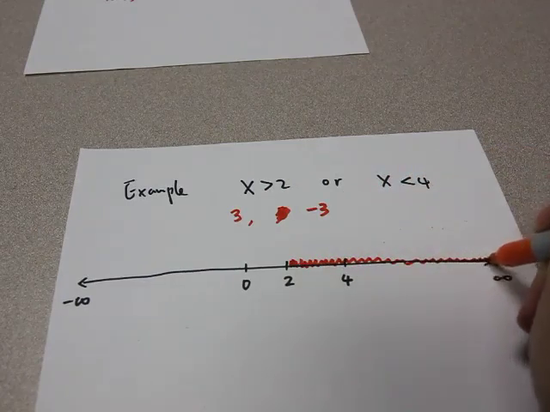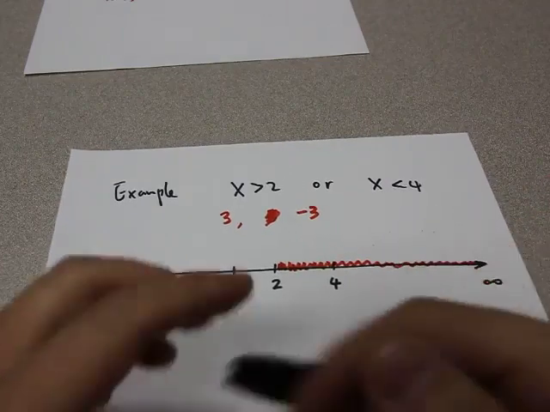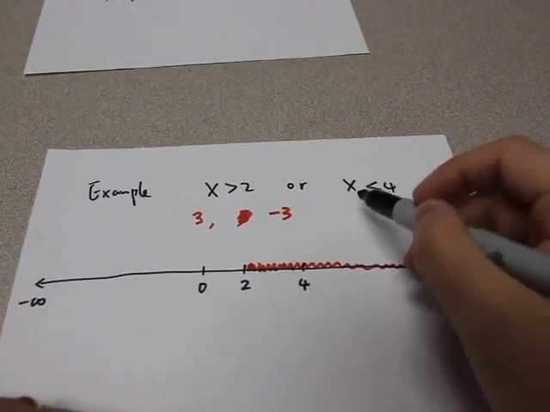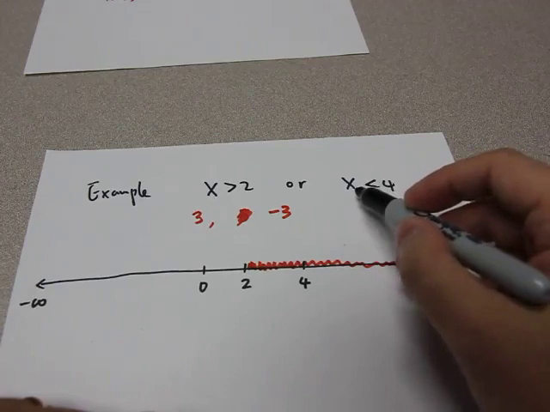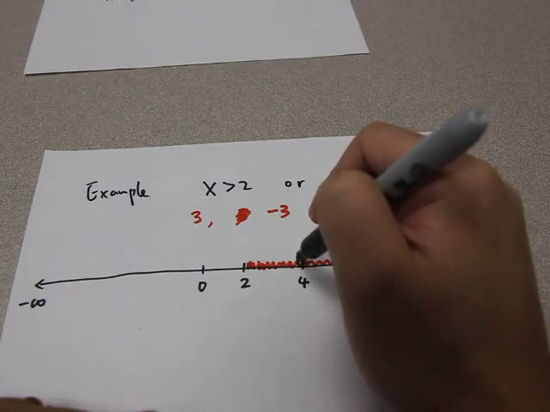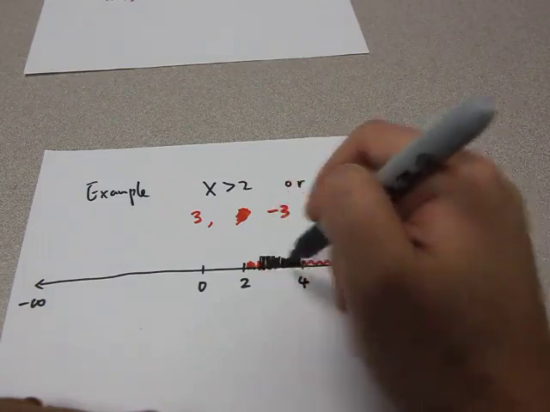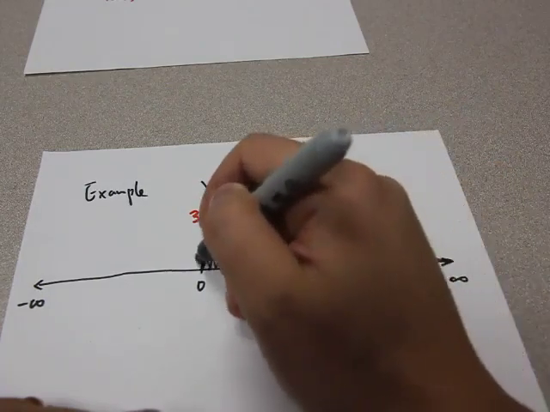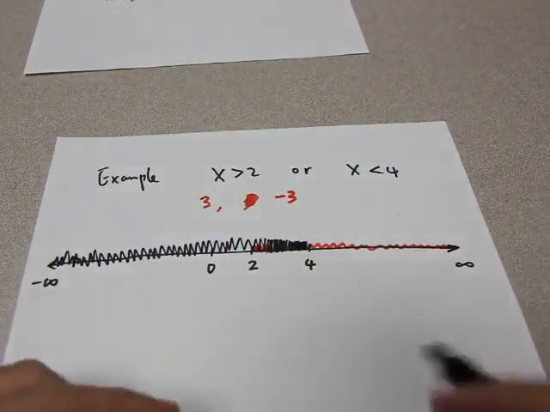So we go all the way to positive infinity. Then let's graph the second solution, x < 4. The solutions are any numbers smaller than 4, so they are on the left-hand side of 4. So we go all the way from 4 to negative infinity.